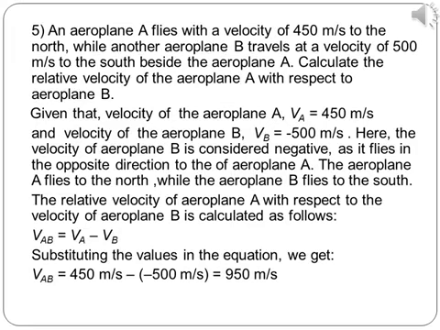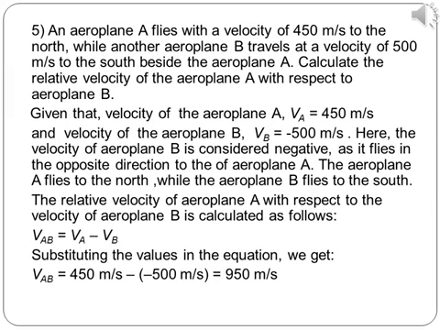Given that the velocity of the aeroplane A, which is Va, is equal to 450 meter per second, and the velocity of the aeroplane B, which is Vb, is equal to minus 500 meter per second. Here the velocity of the aeroplane B is considered negative as it flies in the opposite direction to the aeroplane A. The question gives that the aeroplane A flies to the north while the aeroplane B flies to the south.